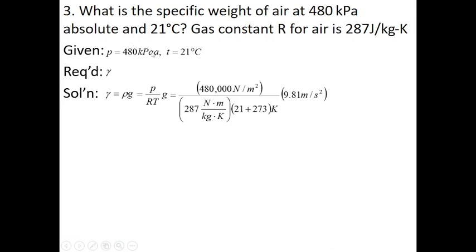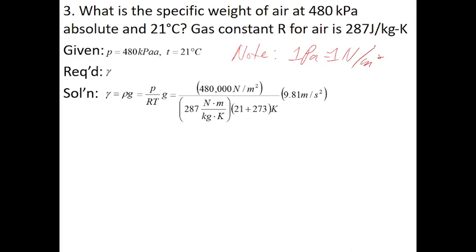So in this case, these will now be the values. The pressure is 480,000. So we get rid of kilo, and express it in terms of Pascal instead of kilopascal. Note that for every Pascal, that is 1 Newton per square meter.